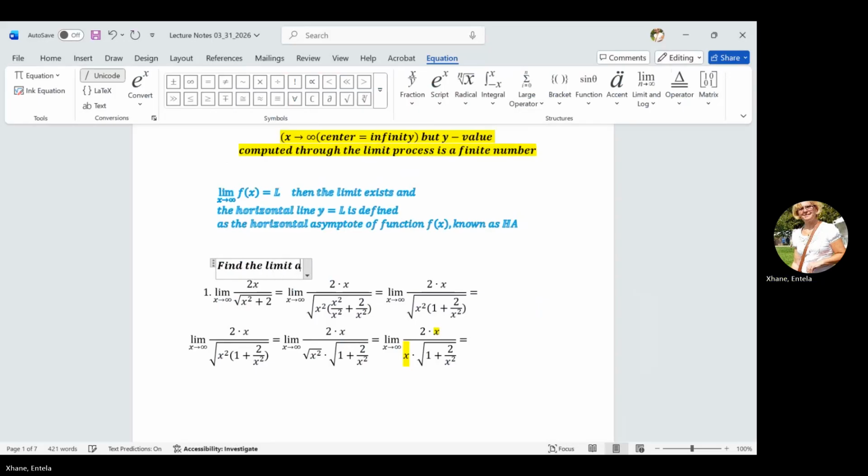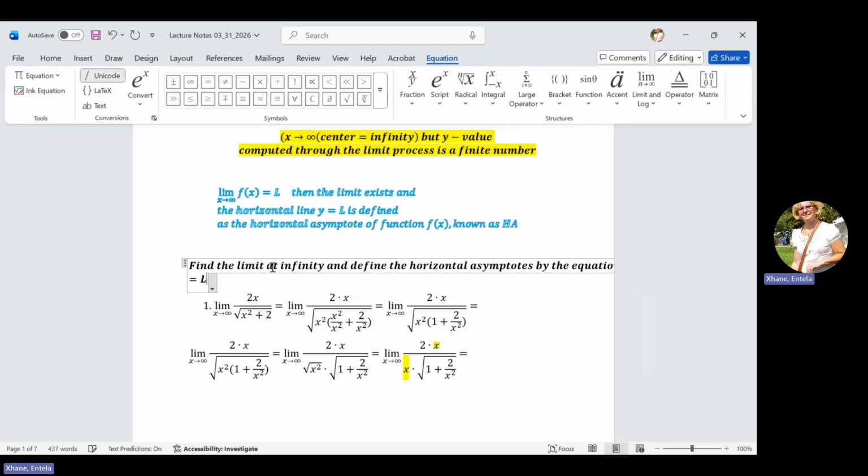Find the limit at infinity and define the horizontal asymptotes by the equation of the form y equals L, where L is the value of the limit of function f of x as x approaches infinity.